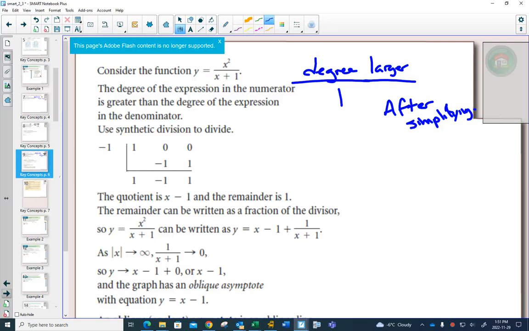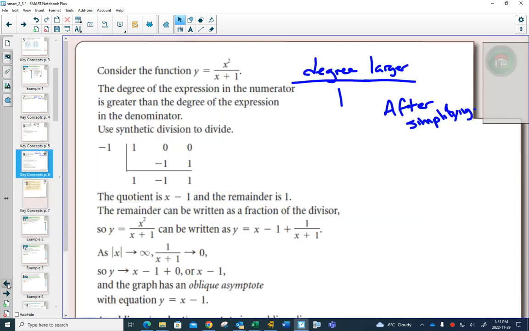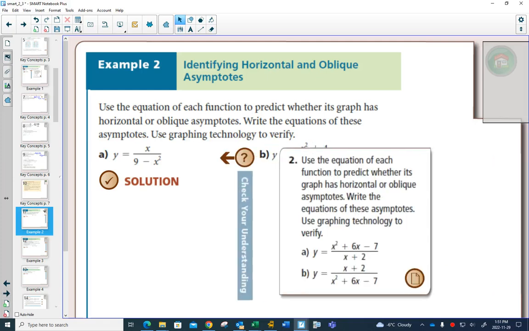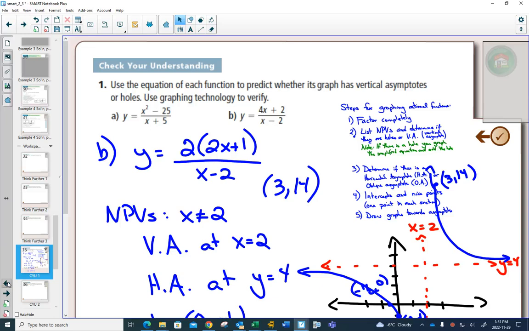Okay. So if the degree is larger after simplifying, because if we go back to our example 1 that we did, do you see in example 1 the degree was bigger on the top?